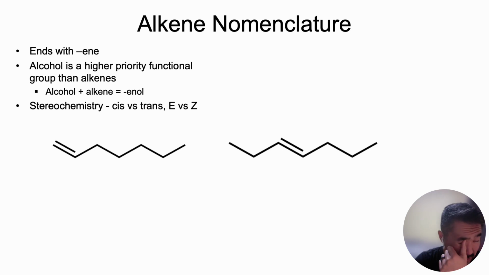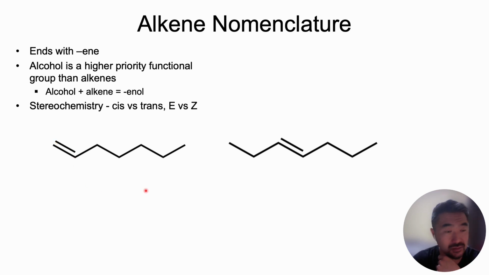Now, this structure on the left has 1, 2, 3, 4, 5, 6, 7 carbons. So hopefully it makes sense to you that it is heptene, but we do need to indicate where this double bond is, and it starts at the first carbon here, if we start numbering from the left.